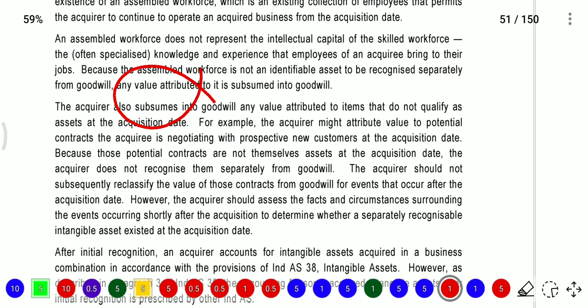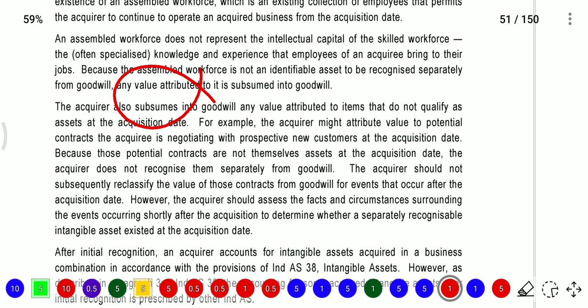For example, the acquirer might attribute some value to potential contracts the acquiree is negotiating with prospective new customers at the acquisition date. Because these potential customers are not themselves assets at the acquisition date. So we have customers, we have contacts, but it does not become an asset, because the asset definition means you have a right and you will get probable future economic benefits. So you do not have the right here.